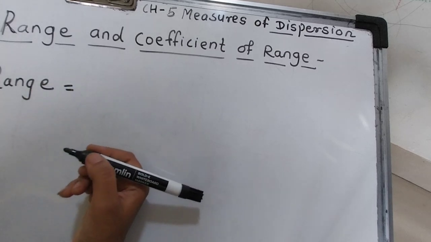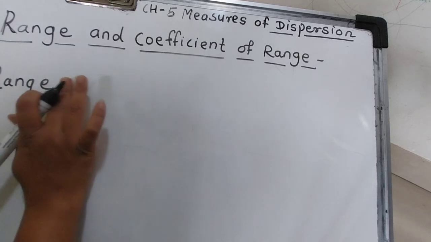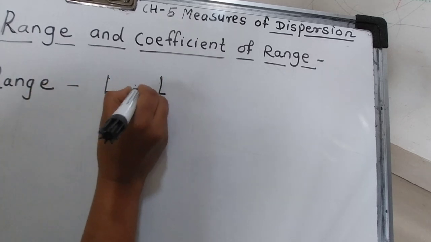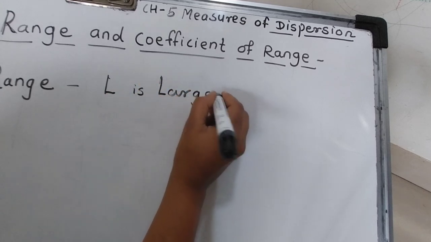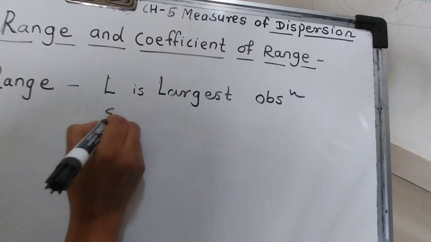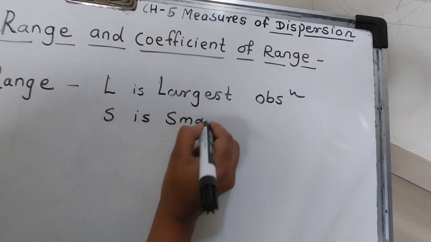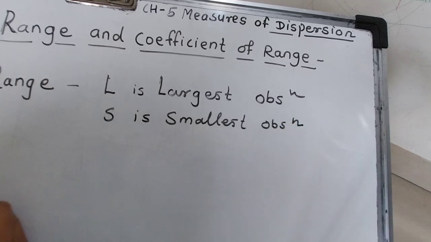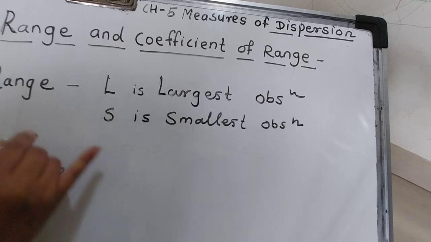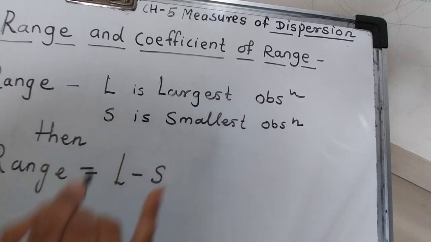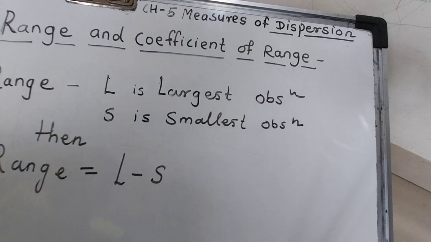If L is the largest observation from the data, and S is the smallest observation, then the range is the difference between L and S. This is the definition of range.